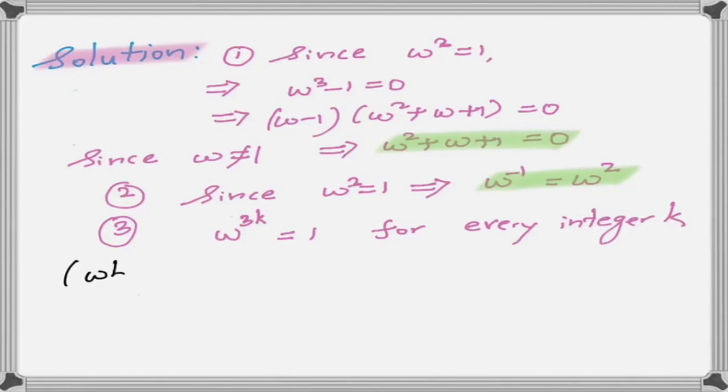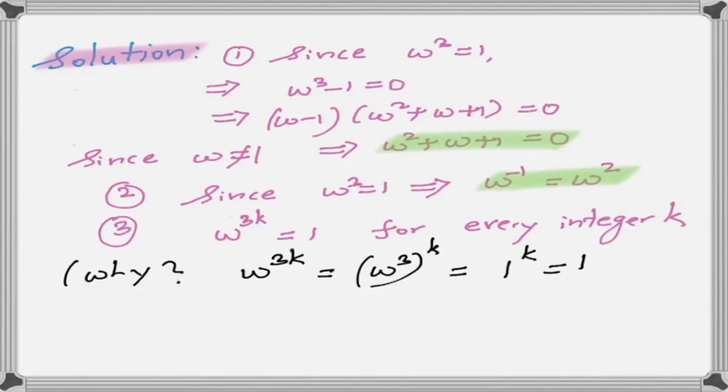Why? Let us see a quick proof. What is omega to the power 3k? It is the same thing as omega cube to the power k, by the laws of indices, which is the same as 1 to the power k, equal to 1. I will use these properties to solve this problem. Let me remark that many problems on the cube roots of unity can be solved using these properties.